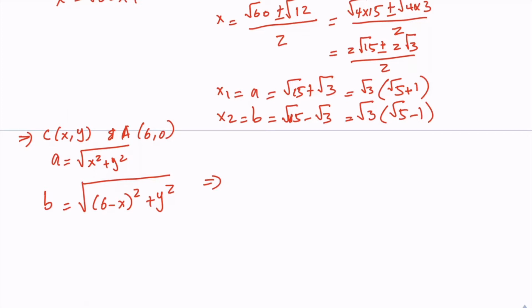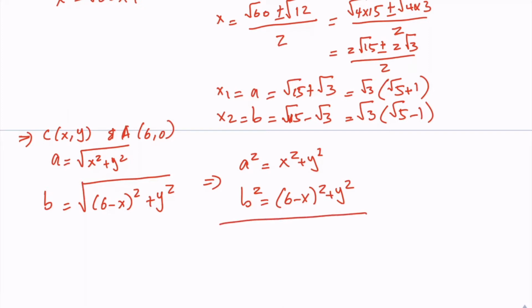So from here we will get a squared is x squared plus y squared, and b squared is (6 minus x) squared plus y squared. And if I subtract these two from each other, we will get a squared minus b squared equals x squared minus (6 minus x) squared, and the y squareds will cancel each other.